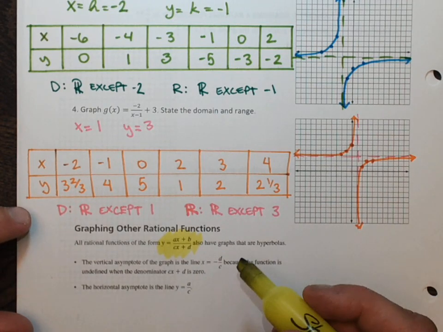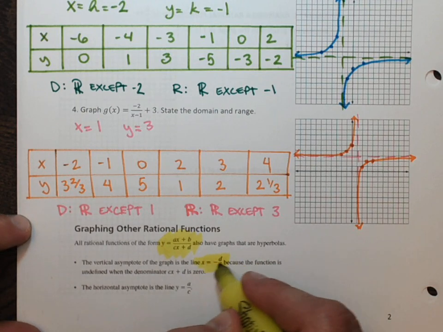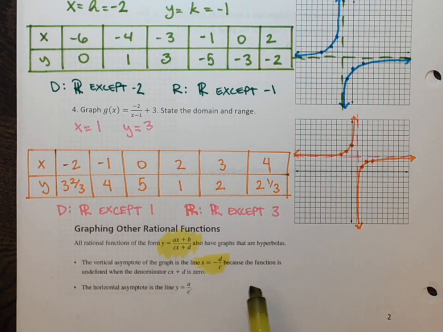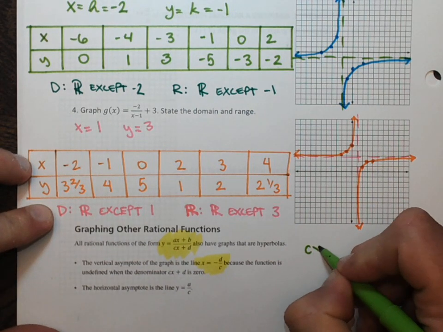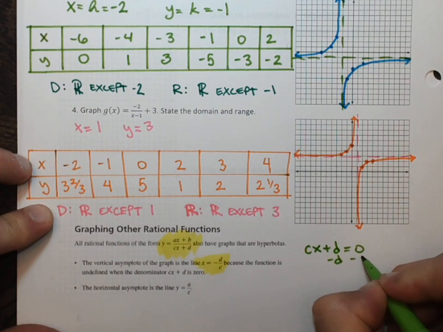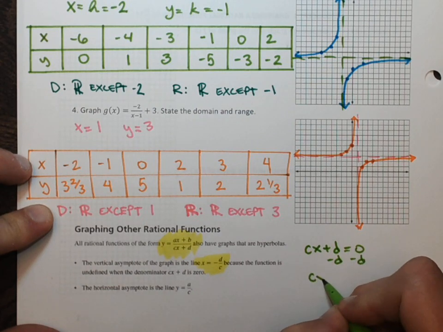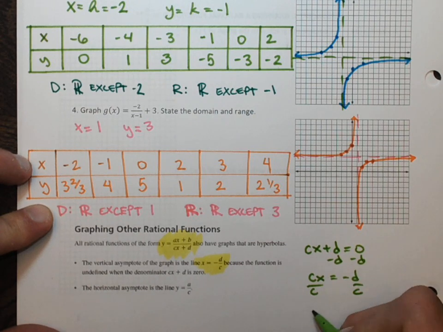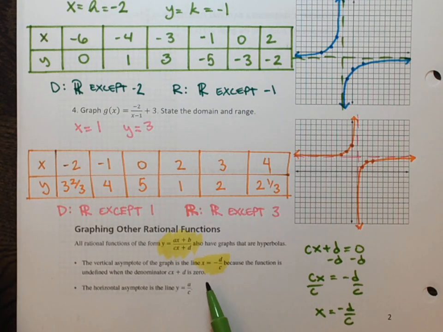And our vertical asymptote is where x is going to be negative d over c, and I'm going to show that real quick to the side here. All I'm really doing is taking cx plus d, the denominator, setting it equal to 0, subtracting d, I get cx equals negative d, divided by c, and now I get x equals negative d over c, which is what we have right there.